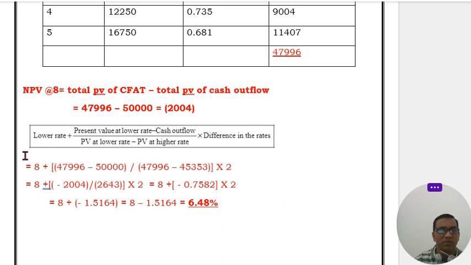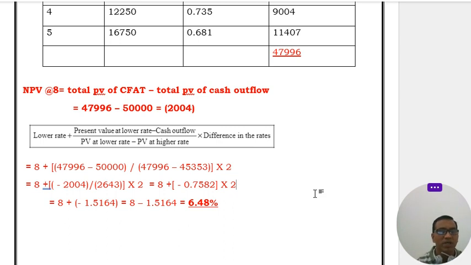So take 8% plus PV at lower rate minus cash outflow, 47,996 minus 50,000, divided by PV at lower rate minus PV at higher rate, that is 45,353. Multiply with the difference in the two rates, the difference between 8 and 10 is 2. No plus, no minus, just 2.